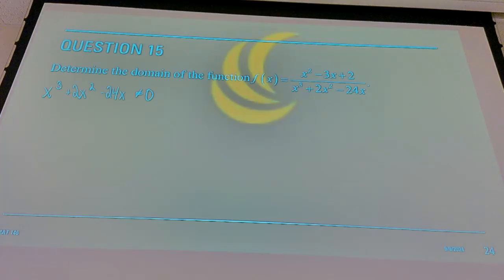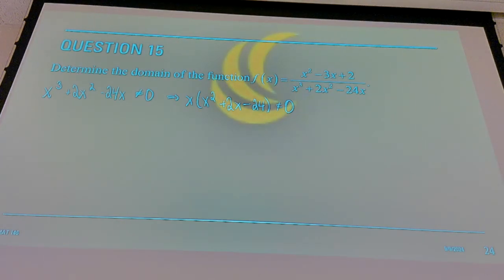See the greatest common factor, to factor. What is the GCF? That is what we're left with.